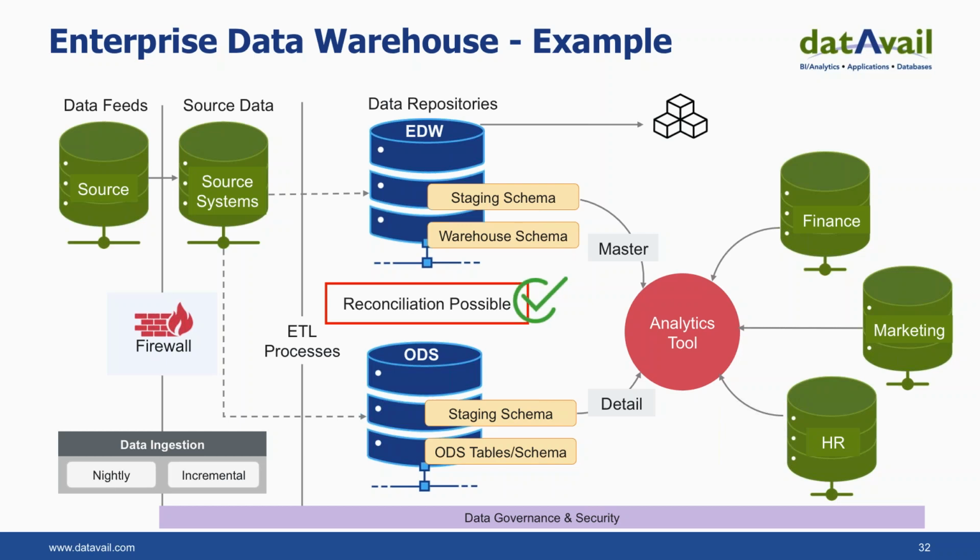Now that gives us a very safe mechanism for giving us confidence in the data that's being loaded to that cube. Or if you have Hyperion Planning, for example, you can also use the enterprise data warehouse to load some of the actuals that are coming from the enterprise data warehouse into your Hyperion or your planning application. And then, of course, the cube, depending on what type of tool you're using for analytics, can also feed the analytics tool.